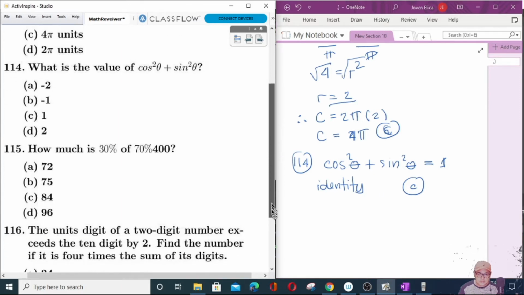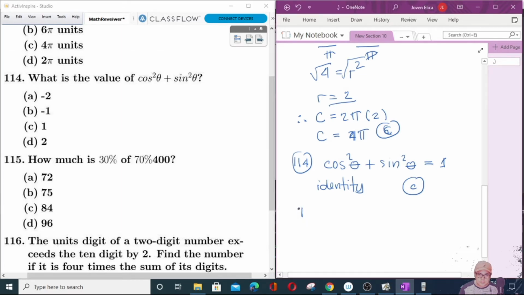Right, so number 115. How much is 30% of 70% of 400? This is a tricky question. We need to find first the 70% of 400. 0.7 times 400 is equal to 280.